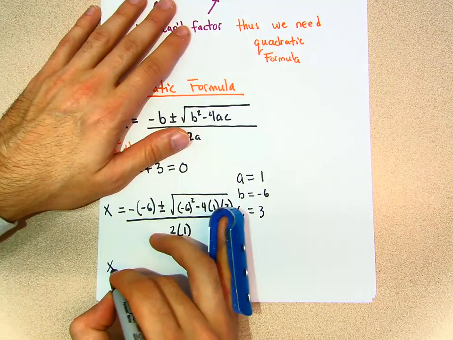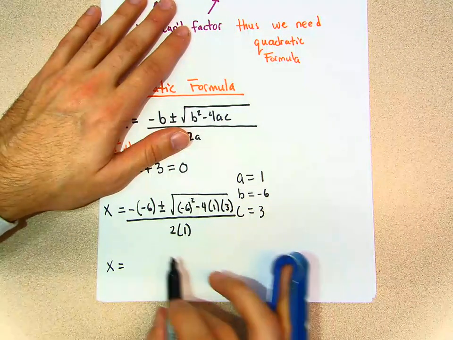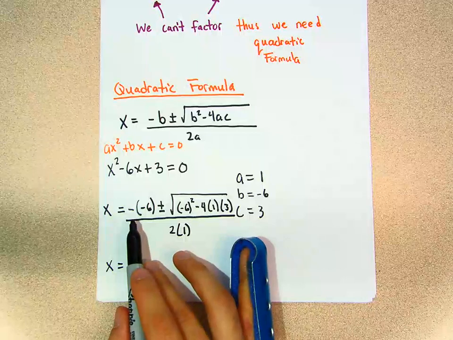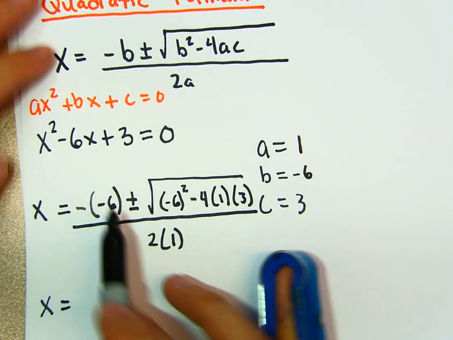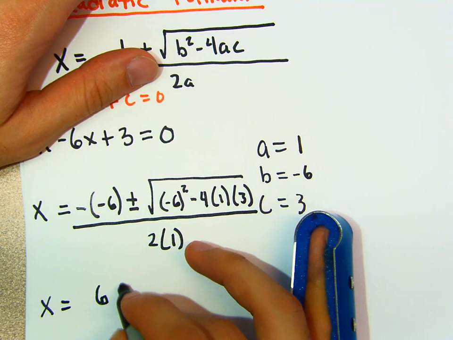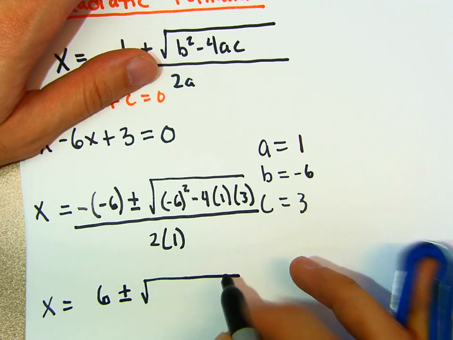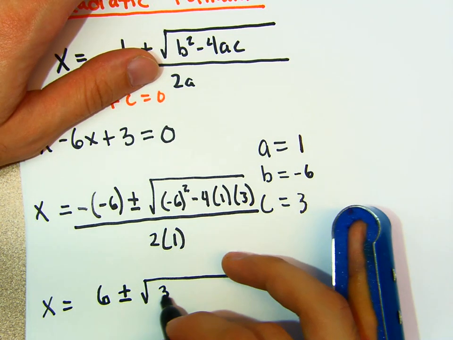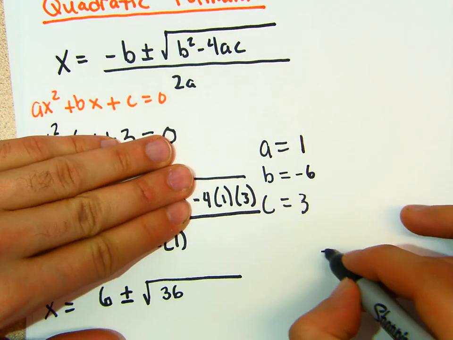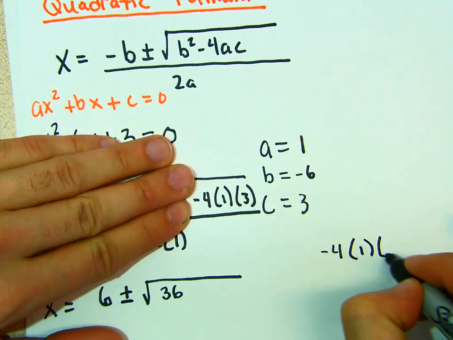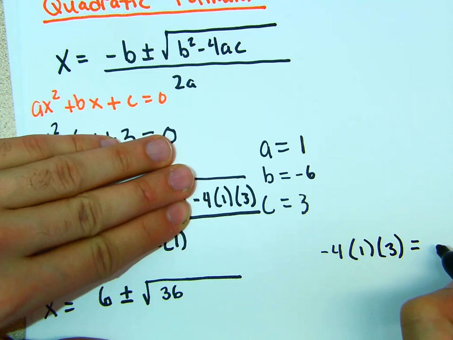But now we have to actually go through the whole thing. Negative times negative is positive, so this is 6 plus or minus the square root of. Negative 6 squared is 36. Now you're doing negative 4 times 1 times 3, and that's equal to negative 12.